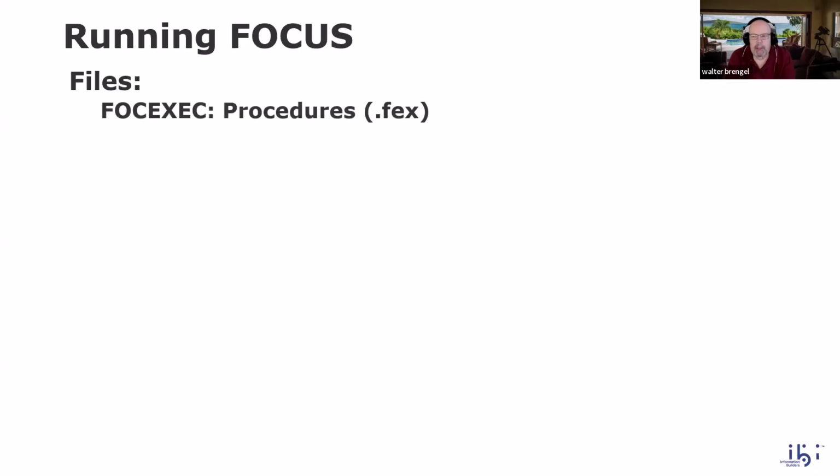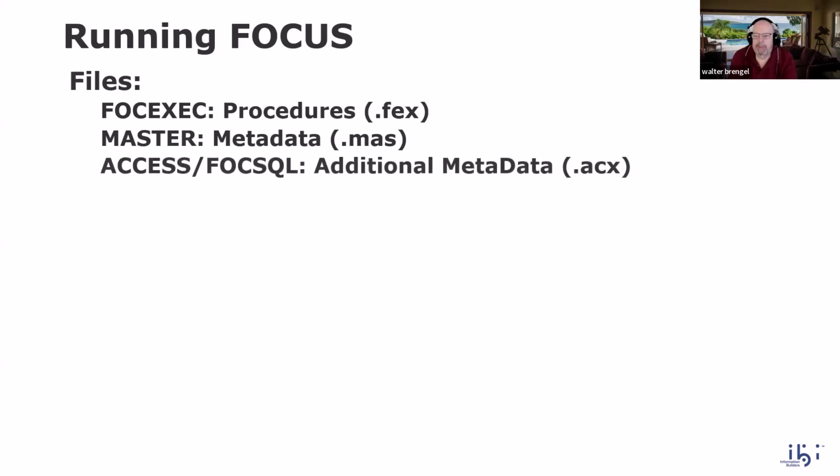All right, some files that you might see in your Focus sessions. We've got FocExecs, those are your procedures. If you also run WebFOCUS, those would be your files that end in .fex. Master is your metadata, describes the tables or the files that you're reporting against. Those would be your .mas files. Access, FocSQL is additional metadata.